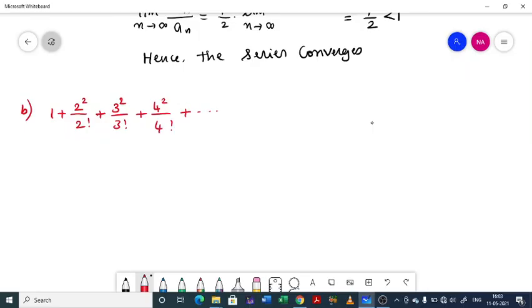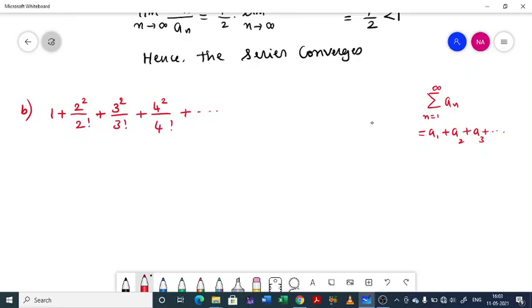So while discussing the nature of an infinite series, one thing you have to keep in mind: given any infinite series, suppose you have the summation of a_n ranging from 1 to infinity. If you expand this, it will be a1 plus a2 plus a3 plus and so on, it goes up to infinity. Removing or adding finitely many terms does not alter the nature of the series.